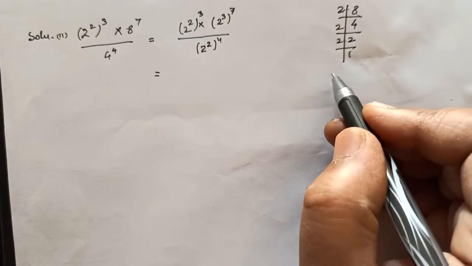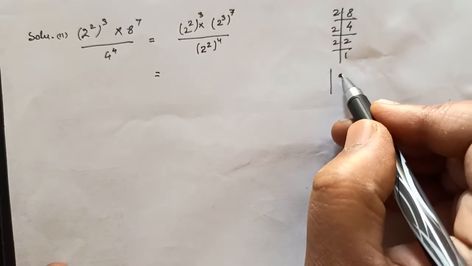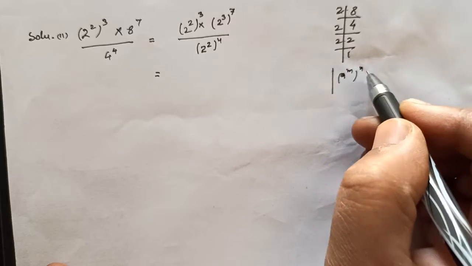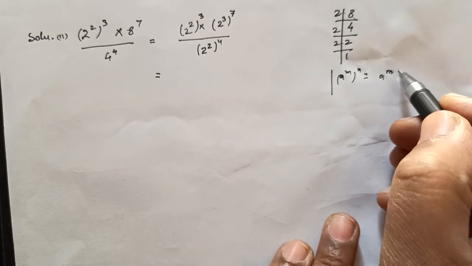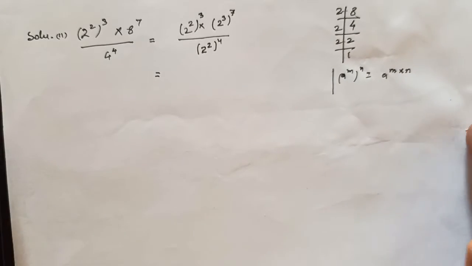Power to the power. Using formula a to the power m whole to the power n equal to a to the power m multiplied by n.